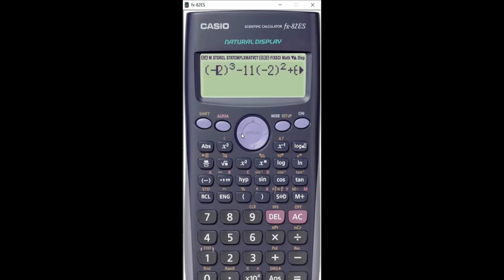Negative 2 doesn't work. Our next factor of 54 is 3. So let's try negative 3 first. You might say, sir, why do you never start with 1? I have no idea, I just didn't want to start with 1. Negative 3 doesn't work. Let's try positive 3.